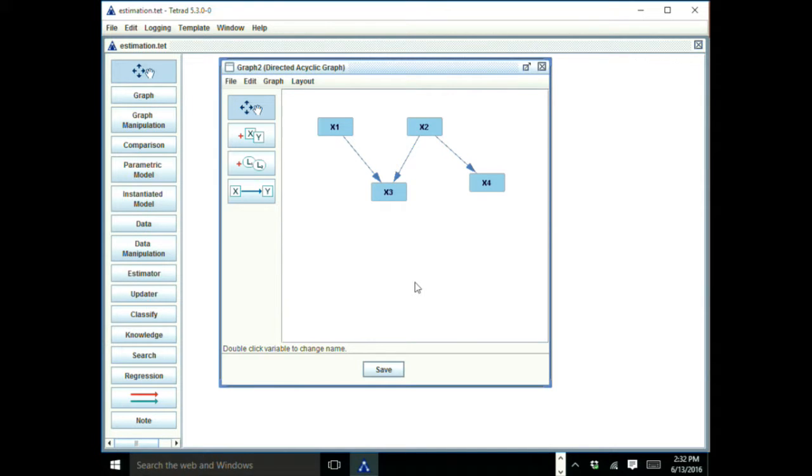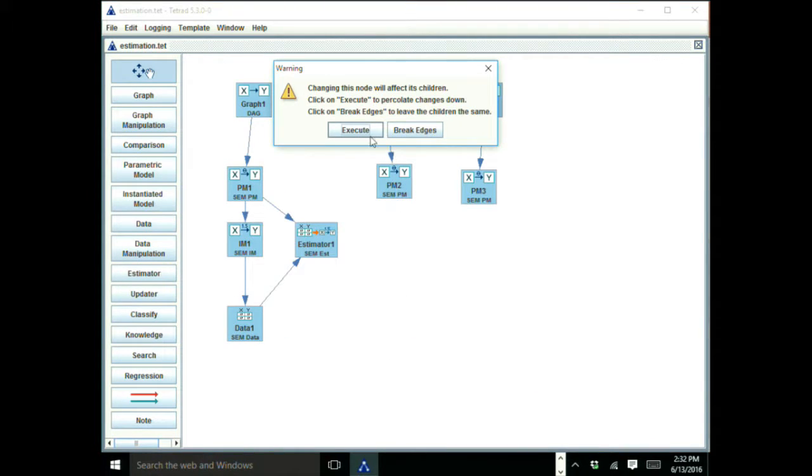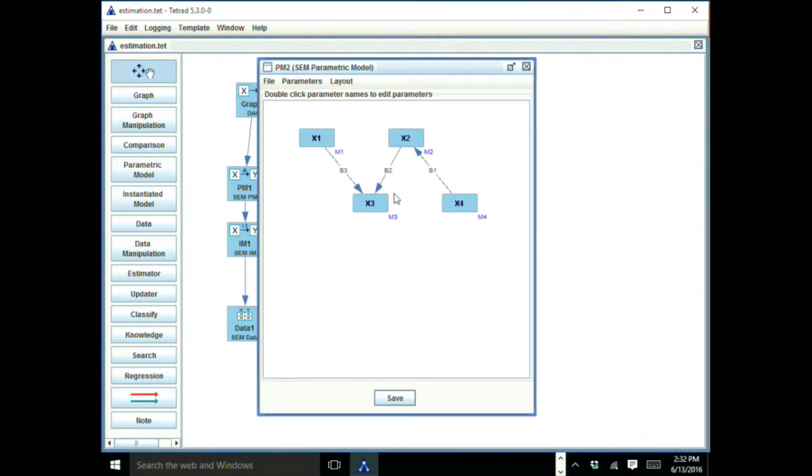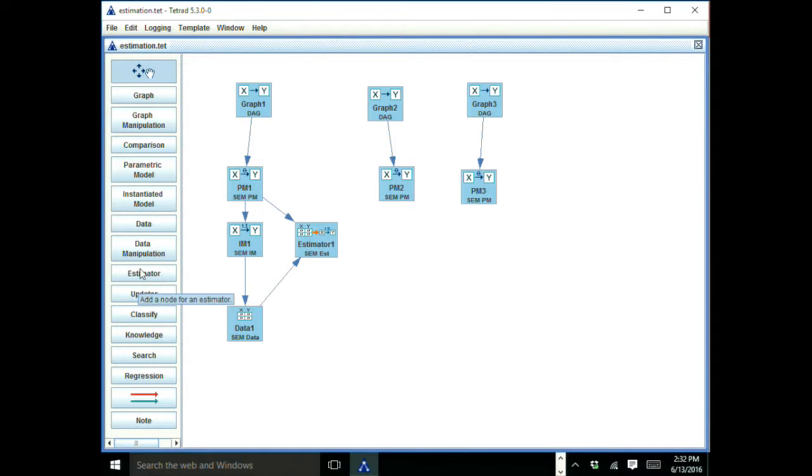So I say, let's take the edge that goes from x2 and x4, and let's switch it so that it's now going from x4 to x2, leave everything else the same. Parameterize that, so I have now the x4, x2, so beta 1 now measures that. And now I say, okay, let's do an estimator. Let's put the data in from that.